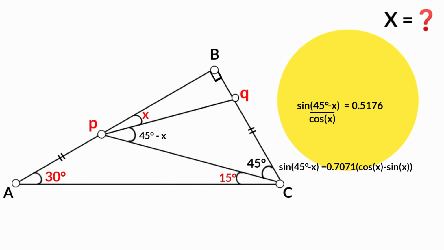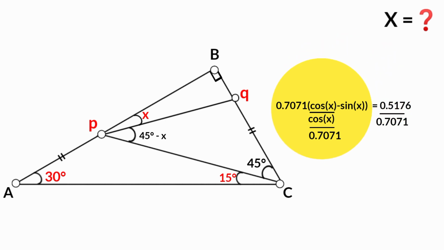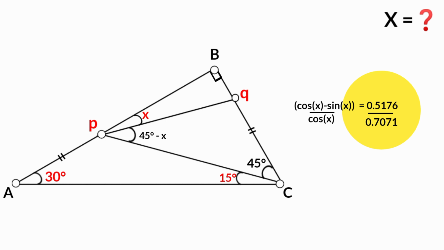If we substitute that here, 0.7071 open bracket cos x minus sine x over cos x equals 0.5176. Dividing both sides by 0.7071, here 0.7071 cancels 0.7071, and 0.5176 over 0.7071 equals 0.732. So (cos x minus sine x) over cos x equals 0.732.